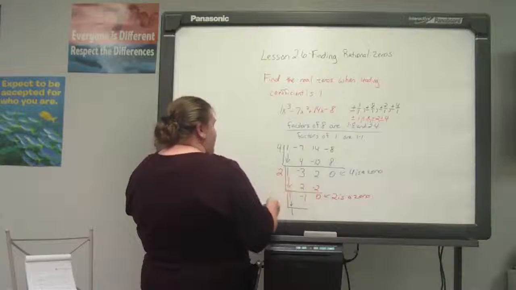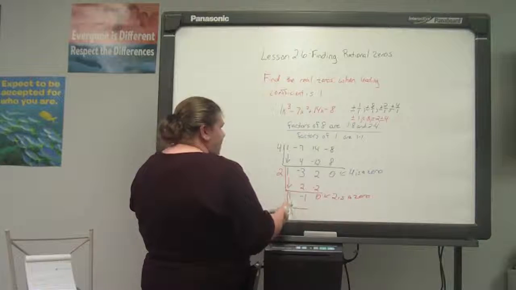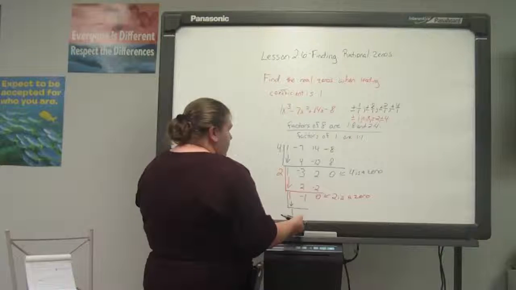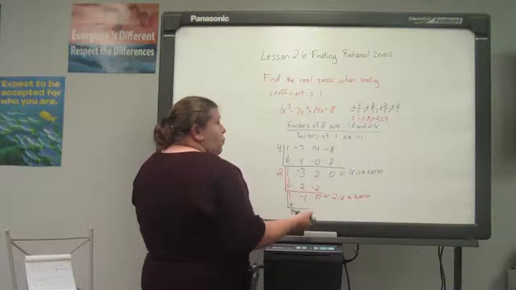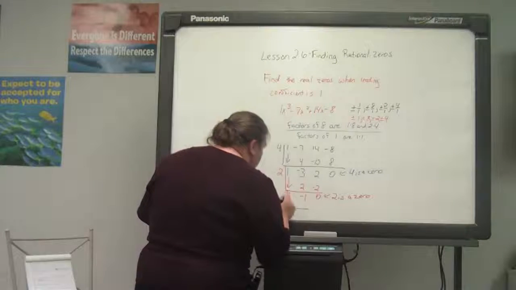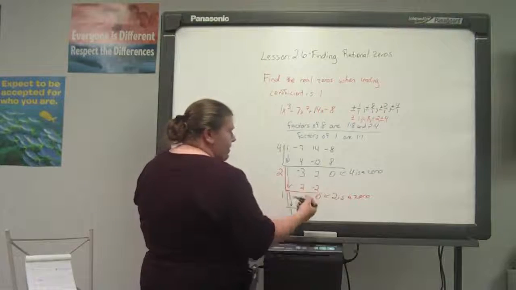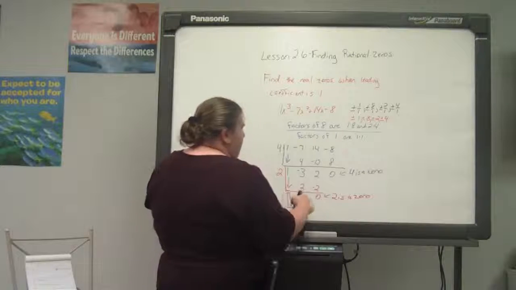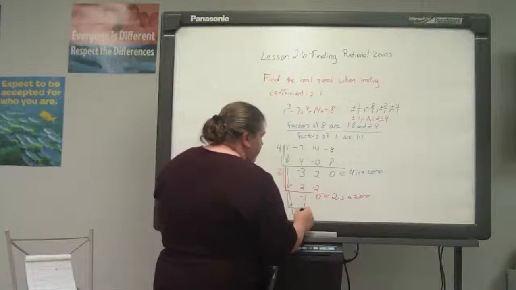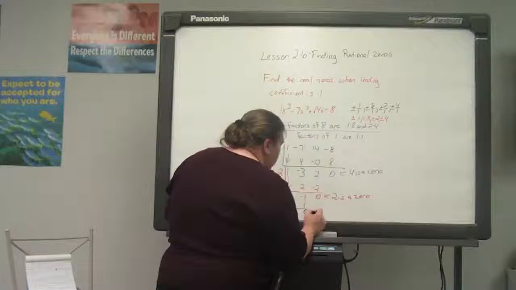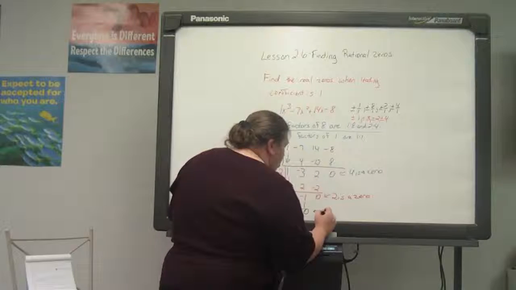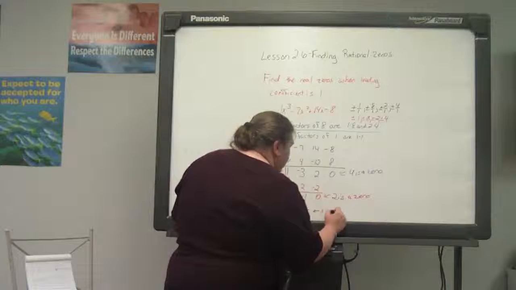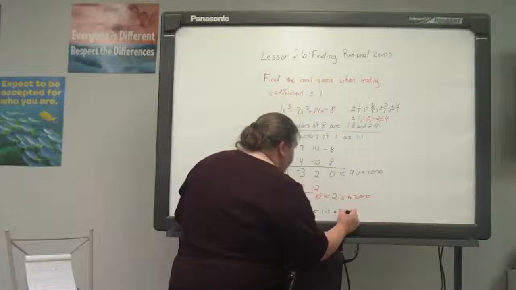So what times 1 can cancel out a -1? I would think it would be 1. And so I'm going to try 1. 1 times 1 gives me 1. So a -1 plus 1 gives me 0. So again, my 1 is a zero.